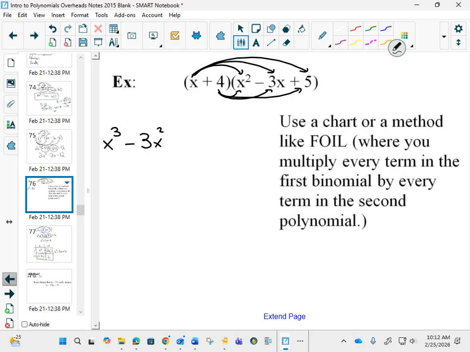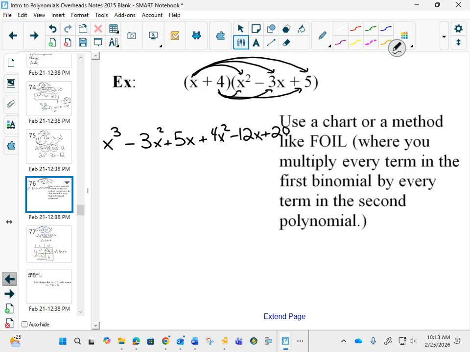Third arrow, x times 5, it's going to be a positive 5x. Fourth arrow, 4 times x squared will be positive 4x squared. The next arrow, 4 times the negative 3, positive times negative, 4 times 3, 12. It's a grind. And finally positive times positive, positive, and 4 times 5, 20.